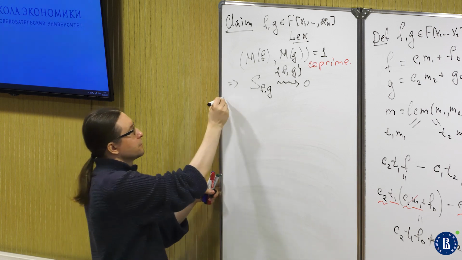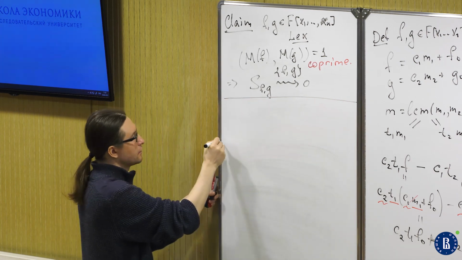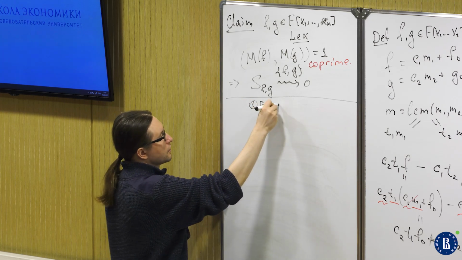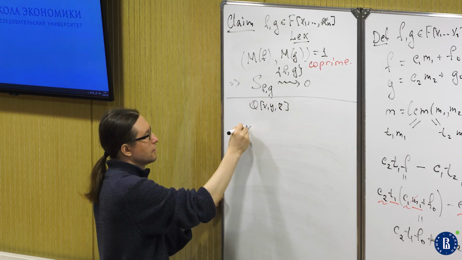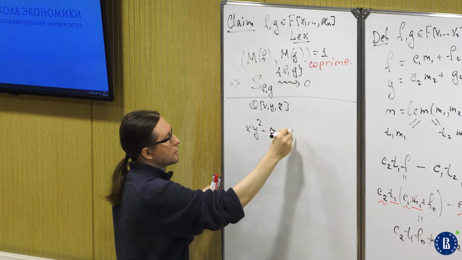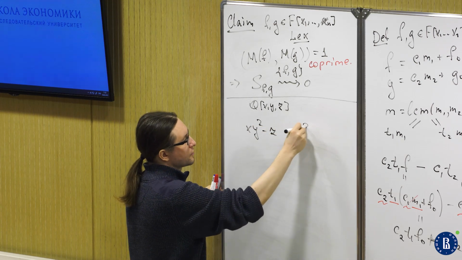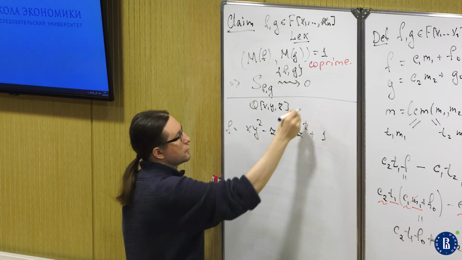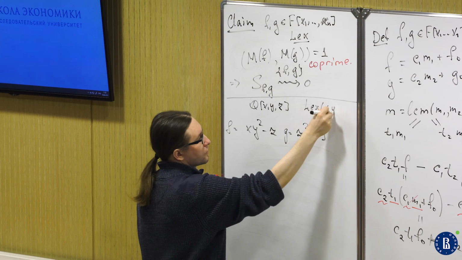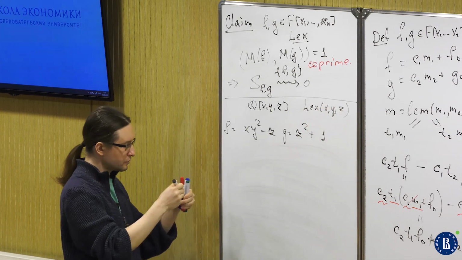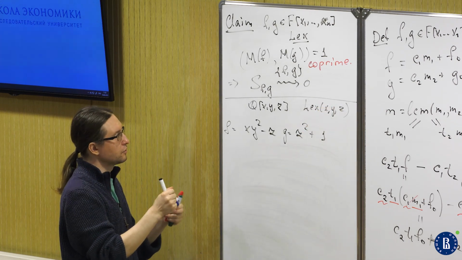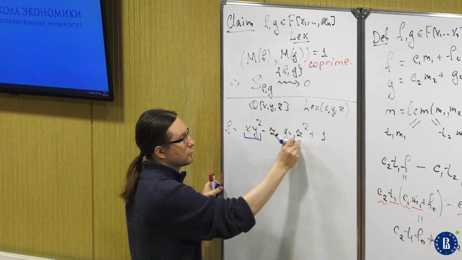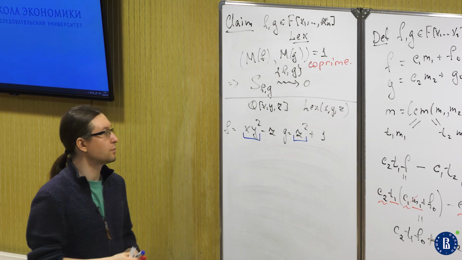OK. Let me give you an example. Let's say in the same ring of polynomials x, y, z, we take xy square minus z and z square plus 1. This is f, this is g, and let's say the lexicographical ordering is fixed like this. Then the leading monomial here is xy square, and the leading monomial here is z square.